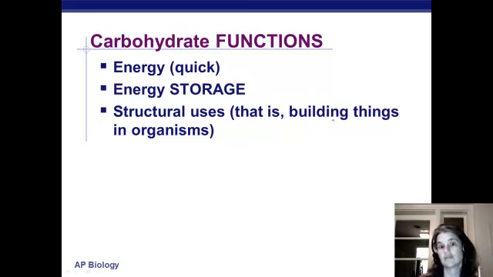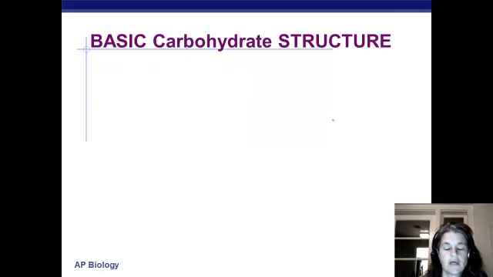It is generally not used to build animal bodies. Proteins are usually used for bodies like ours, but for a plant, carbohydrate is the primary building material. So energy and certain kinds of building materials, those are the two main functions: quick energy, stored energy, and building material.